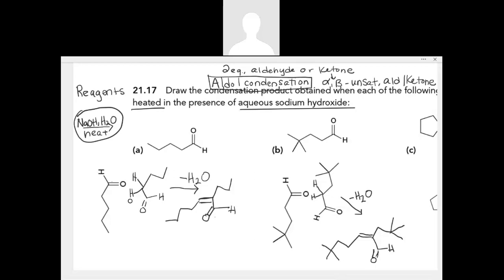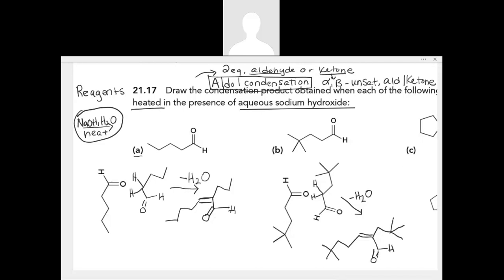As I mentioned, whenever you have at least two equivalents of an aldehyde or a ketone, and we're only given one reactant here in parts A, B, and C, it's safe to assume that we're going to have this aldol condensation occur because of the reagents.